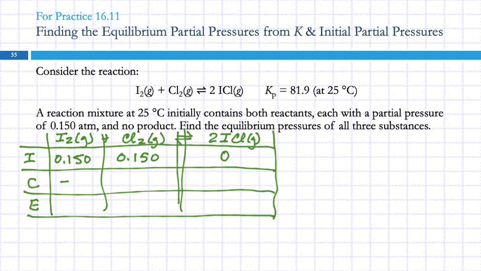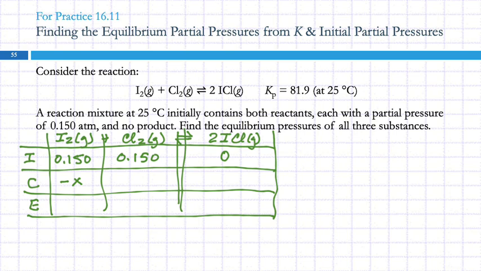It's going to be negative X. It has to go down. Could this possibly go up? No, because there's nothing over here to react. We will get to situations later where you've got some on both sides, and it could go either way. And that's where you can use Q to tell you what direction it's going.